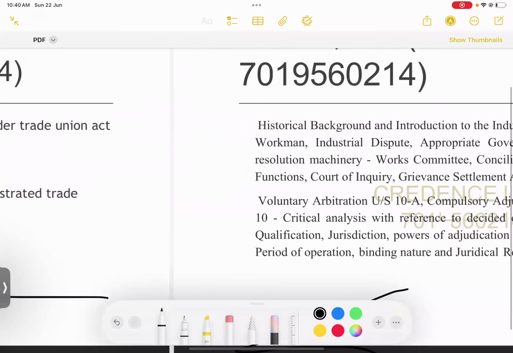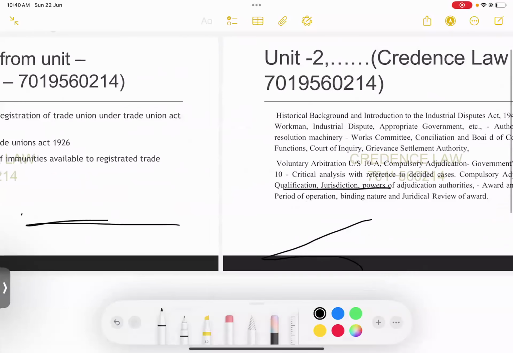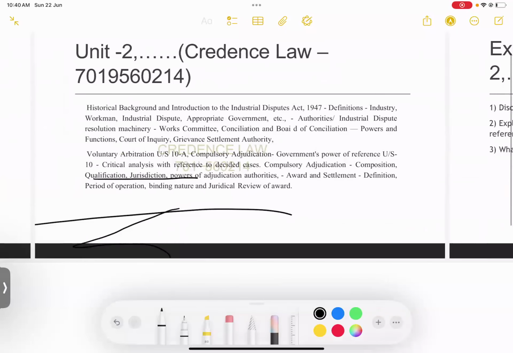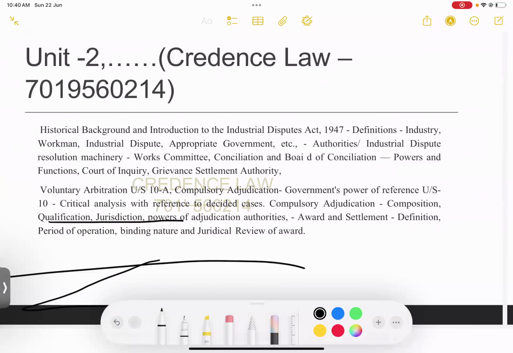In the second unit, it's about the Industrial Disputes Act. The Industrial Disputes Act was enacted to maintain industrial peace and harmony by providing a framework for investigation and settlement of industrial disputes in India.